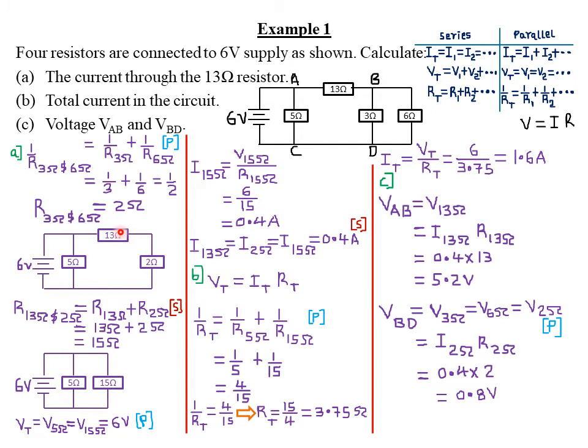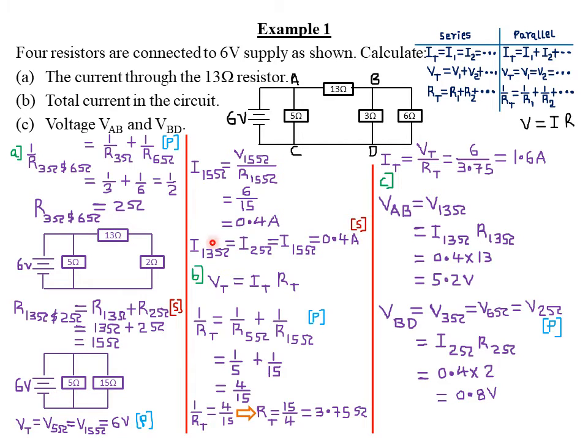So the current through the 13 ohm resistor is equal to the current through the 2 ohm resistor, which is equal to the current through the 15 ohm resistor, that is the combination of 13 and 2, which is simply equal to 0.4 amperes.